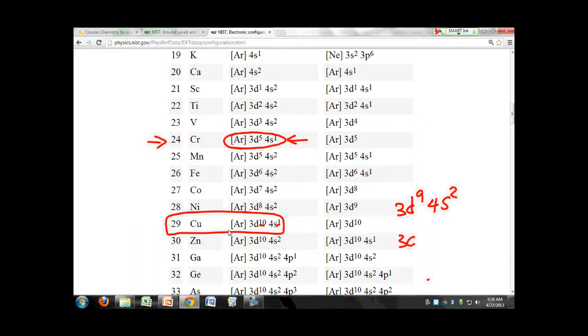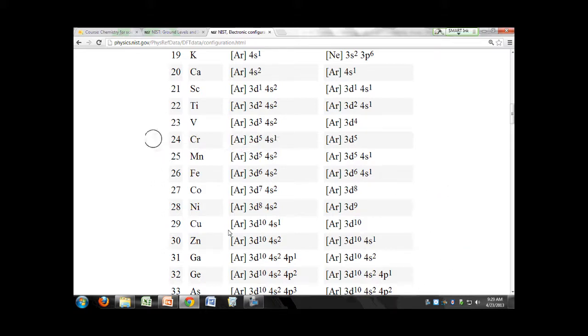So again, shifting an electron from the 4s subshell to the 3d subshell gives you a half-filled subshell in the 4s and a completely filled subshell in the 3d. Now, this explanation doesn't always work though, because there are a few more exceptions where that explanation doesn't seem to hold water. So let's take a look at a few more exceptions.